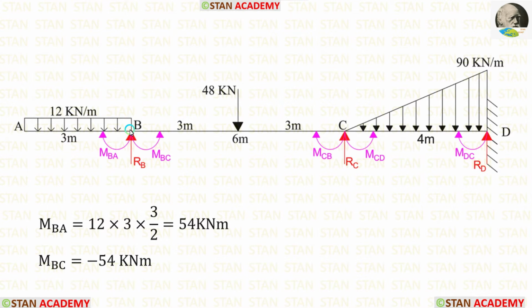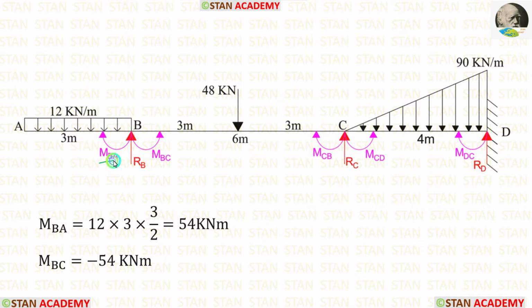Now let us calculate the moment in the point B due to the load 12 kN per meter. For that, we have to multiply this load with the distance and distance by 2. Here the distance is 3, so we are multiplying with 3 and 3 by 2. In this way, we are getting MBA, which is equal to 54 kN meter.